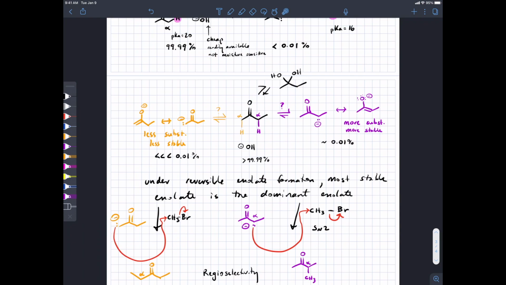And the issue is that this doesn't go anywhere. So even though that's a side equilibrium, the fact that we're using an alkyl halide electrophile draws us towards these products. Another side equilibrium for each of these would be enol formation.